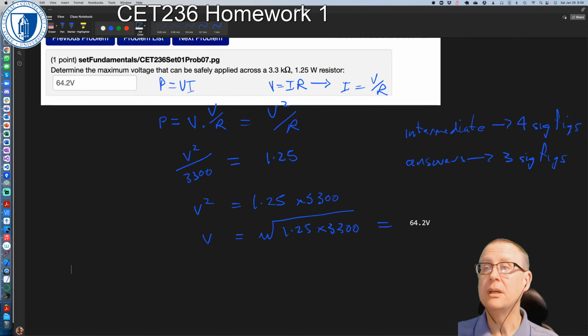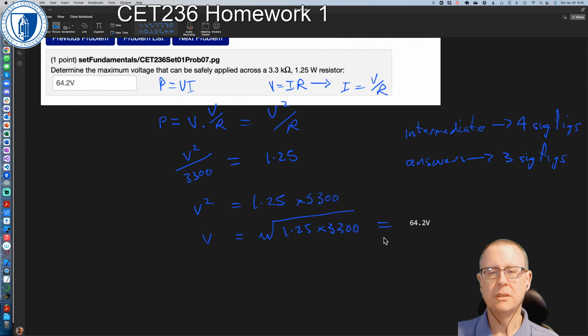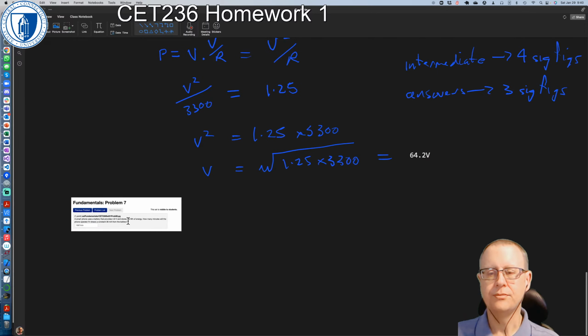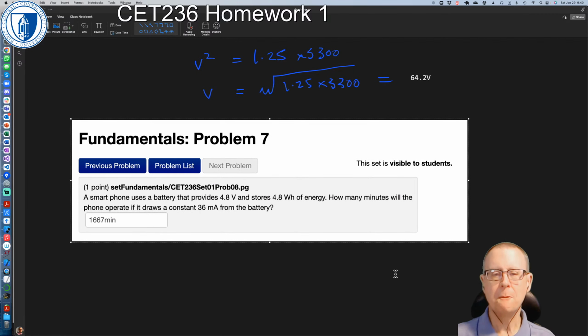Let's put the problem in here. So 4.8 volts, 4.8 watt hours of energy. How many minutes will it operate?